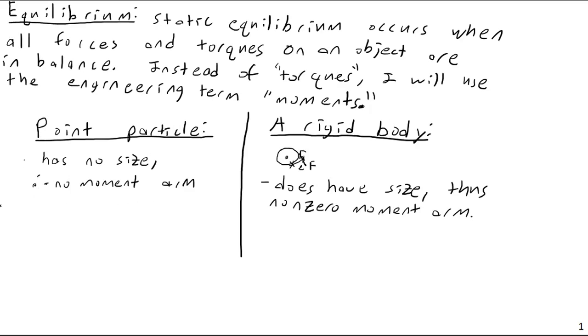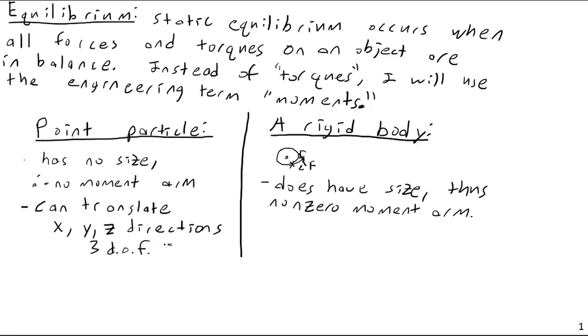Okay, so no moment arm. A point particle can translate in x, y, z directions. So we say it has 3 degrees of freedom, DOF. You'll hear this term many times in engineering.